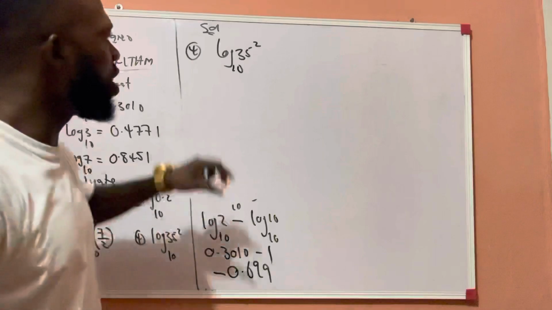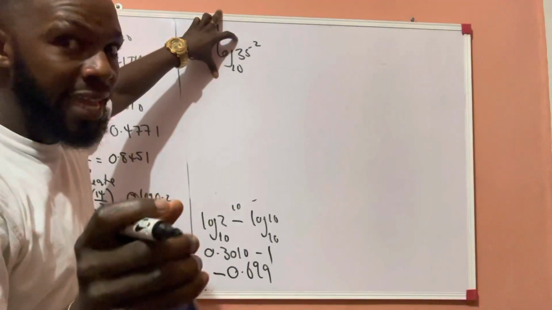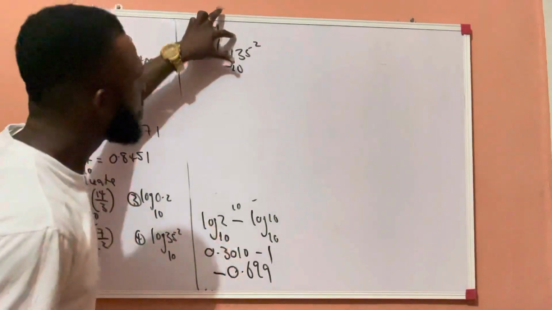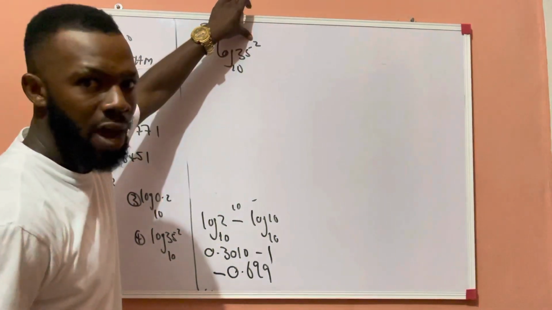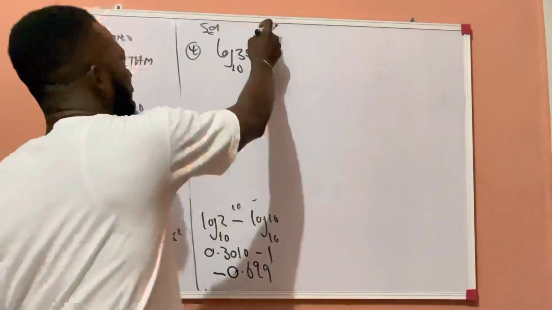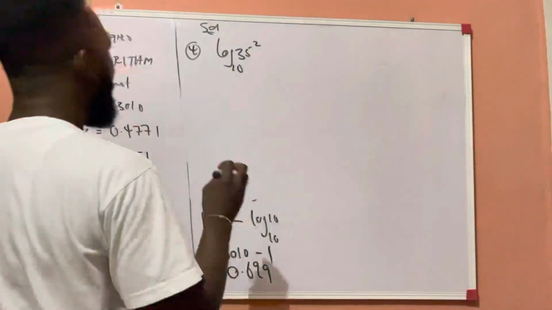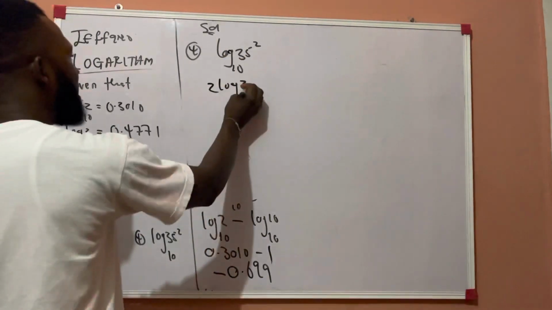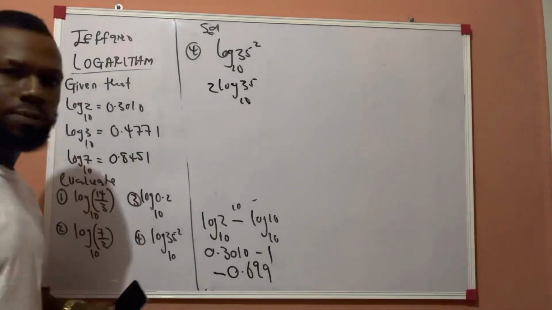Remember when I gave the laws of logarithm, I call this the power law, and this is when the number carries the power. When the number carries the power, what happens to the power? The power goes back. So here becomes 2 log 35 base 10.